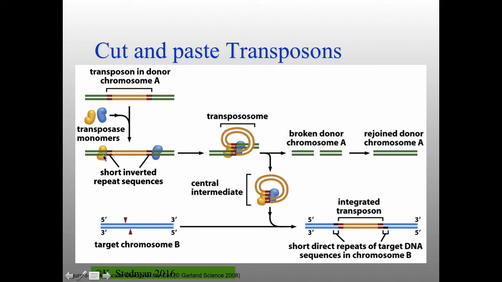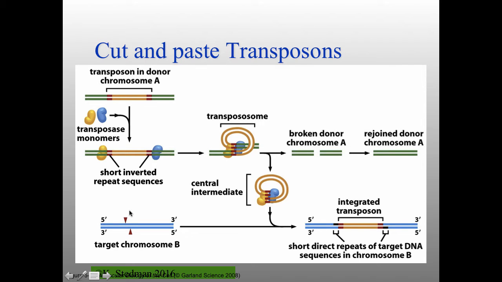So it binds to these inverted repeat sequences, and then will cut out the transposon between these two inverted repeat sequences, because that's where the transposase is binding. Then it will go and find another place to jump into. And transposase will have cut out the transposon in a way that it's just the transposon with those inverted repeats at the end.